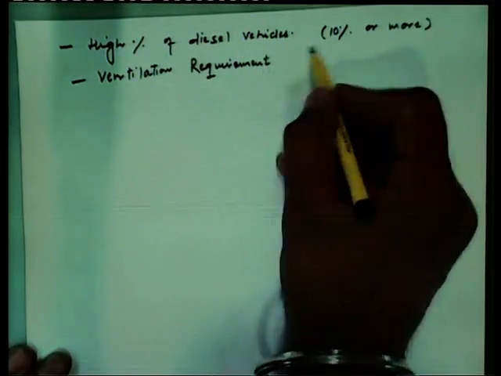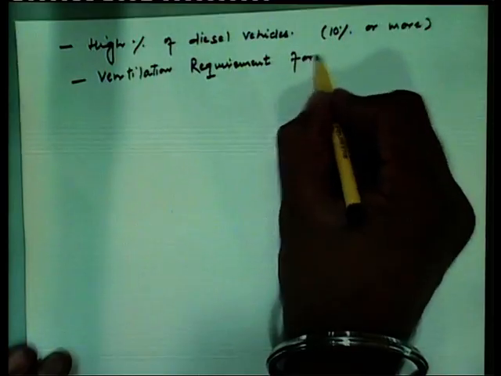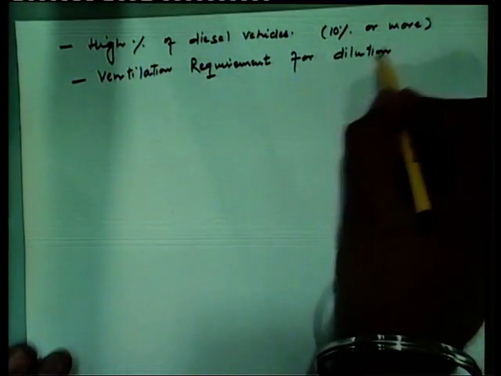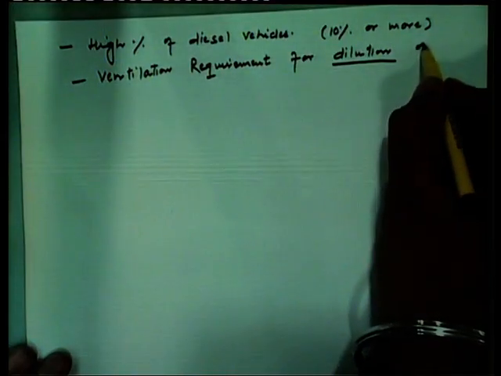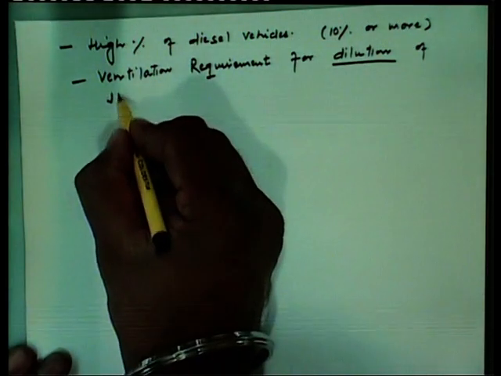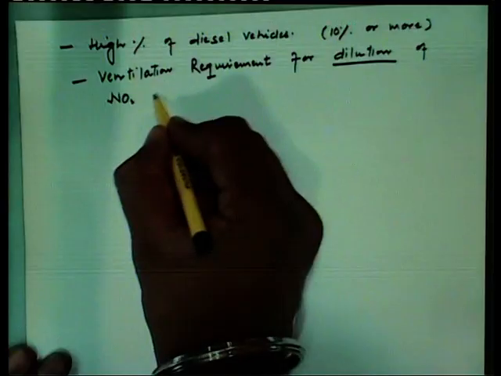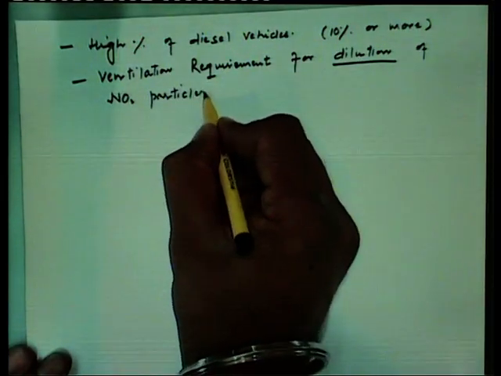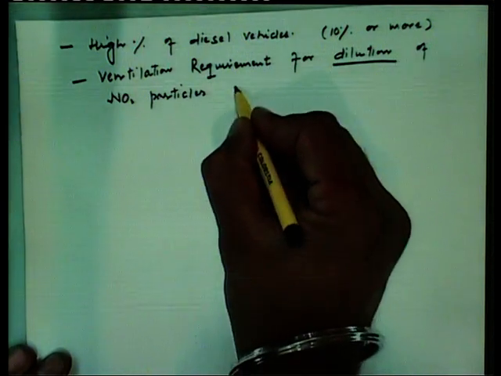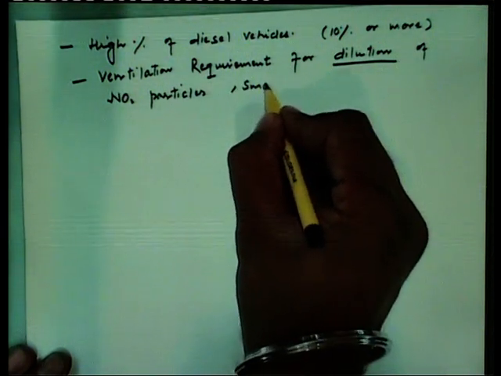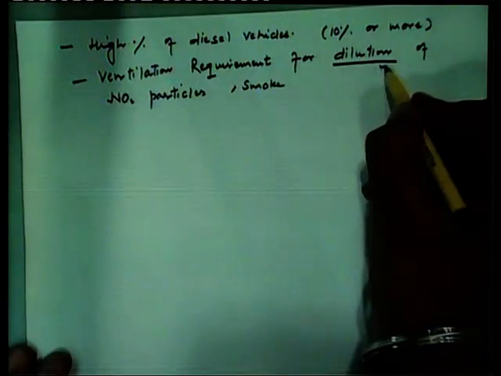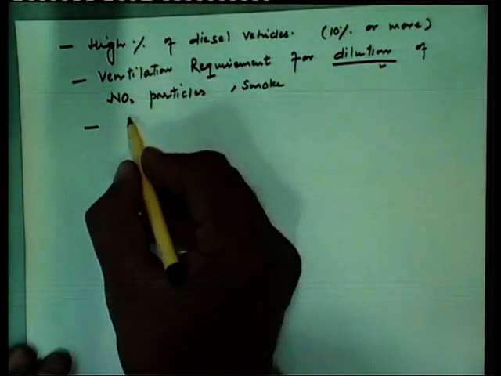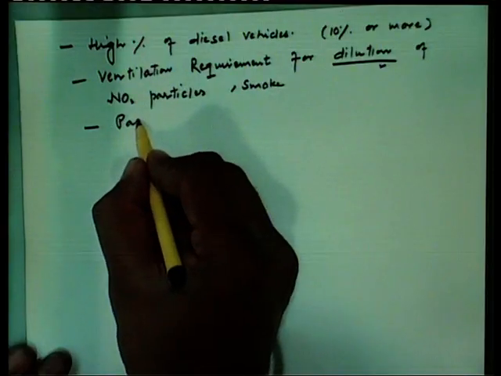To dilute these gases, for the dilution of these particles, like NO2 particles or carbon monoxide particles or smoke. So, basically we are going to dilute it, or we are going to pass fresh air.